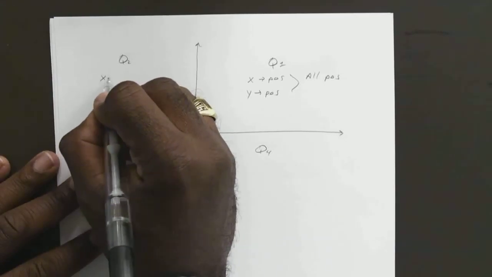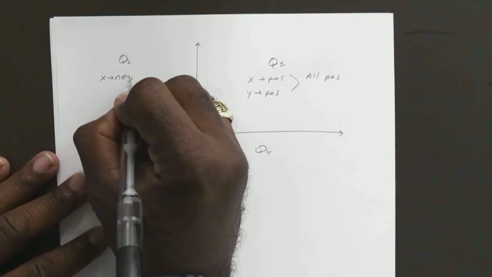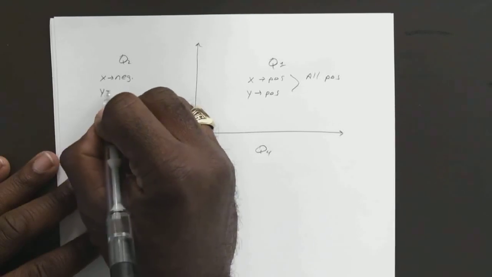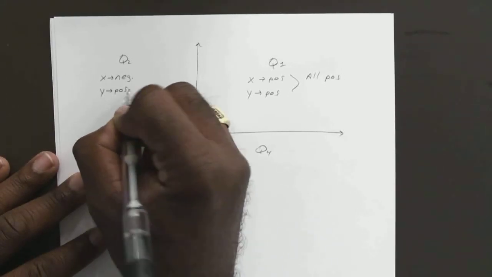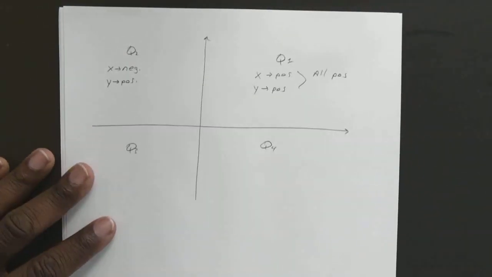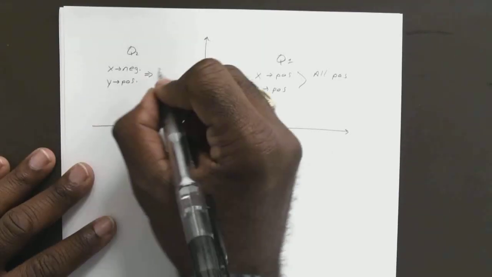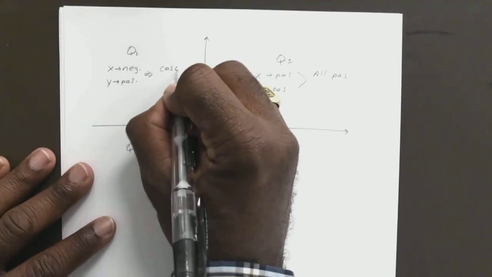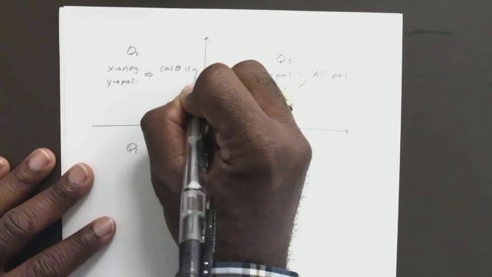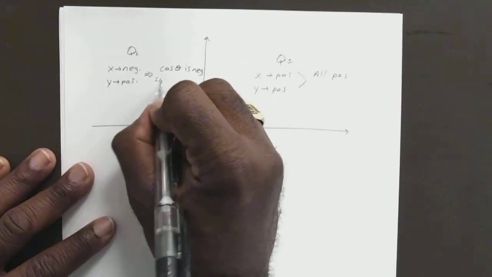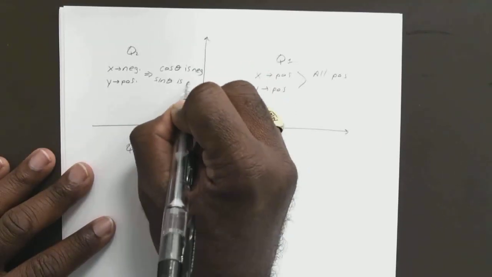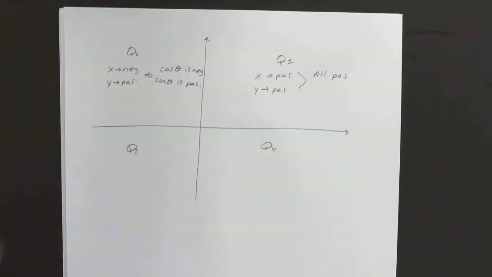Okay, so we know here, in quadrant 2, x is negative and y is positive. Okay, which means that cosine is negative and sine is positive.